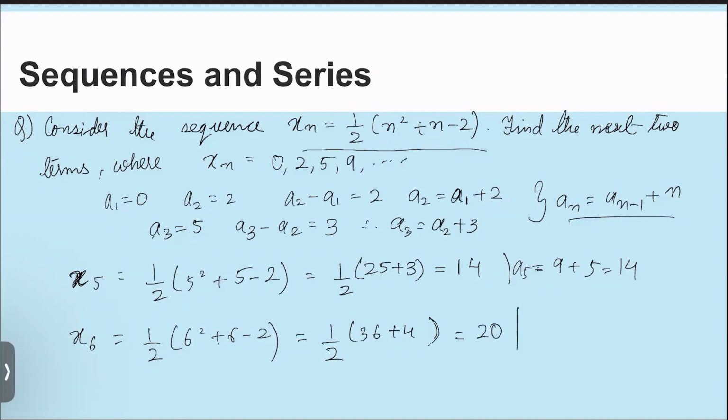Similarly, A6 is equal to 14 plus 6, so this is also again 20. Okay, so both ways you can find it. Obviously, where you have to find such a sequence, you will have to look at your terms very carefully and understand the pattern or the relation that is being followed by the sequence.